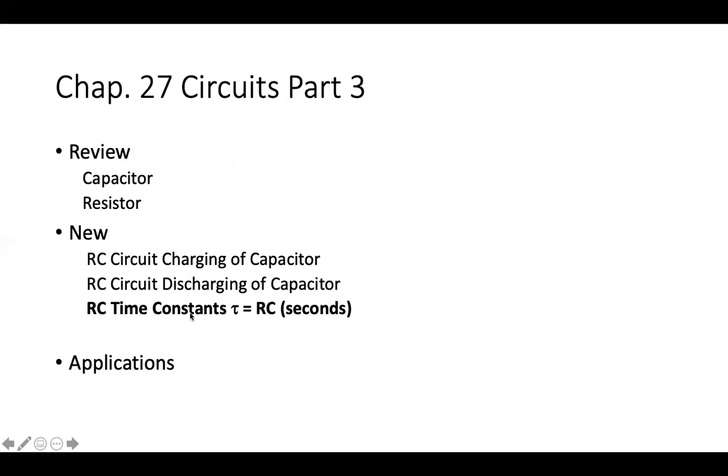And the RC time constant, which is a device constant for the RC circuit. This value of time that equals resistance multiplied by capacitance is a really important property. And this is the turning point from steady state current to oscillating current, which represents the basis for modern communication technology.